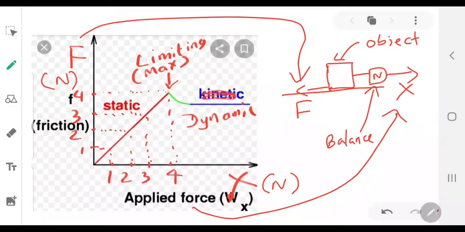Moving on to the friction versus applied force graph, the question of the 2018 past paper says, right? So, like I said, the first thing is not to get scared and to check what they are trying to say here. They have given you some data from the previous question.